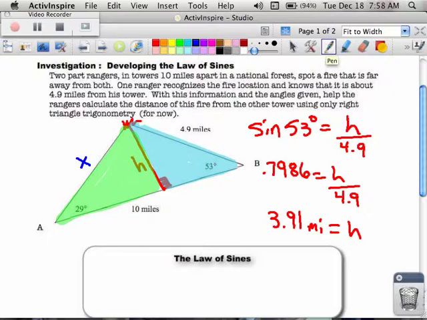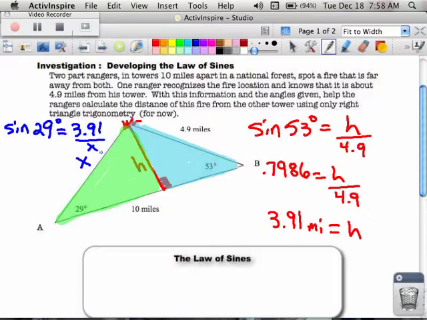The side that's opposite, that I now know, which is 3.91 miles. And I'm looking for the hypotenuse. So that means I've still got the sine of this time the 29-degree angle, and it's equal to the side opposite, which is 3.91 that we just found, over the x that we're looking for, which is the hypotenuse of the green triangle.